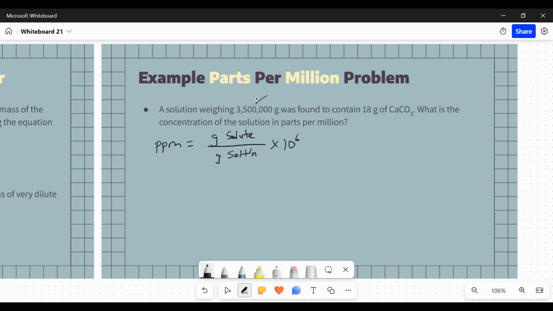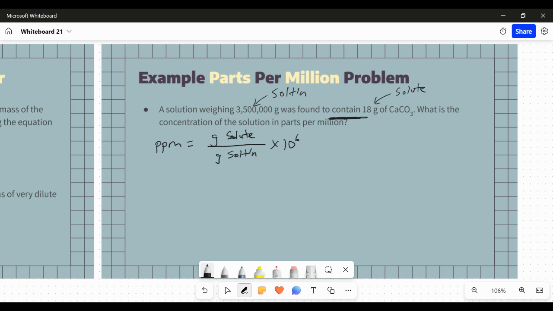I've got my solution mass right here, and I've got my solute mass right here. You can tell that this is the solute because it says that the solution weighs 3,500,000 grams, and it contains, in this sentence, contains implies that this is the solute.